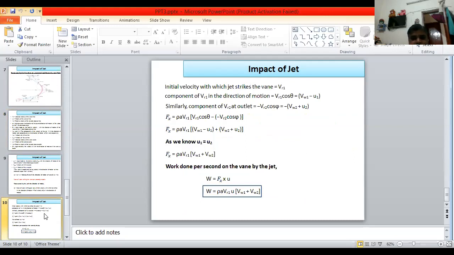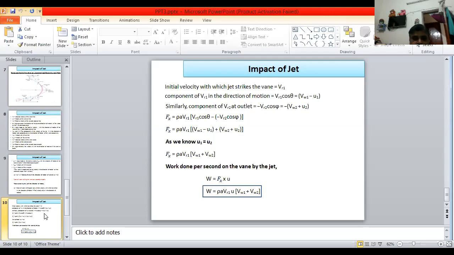Hence, Fx is equal to mass per second into (v1x minus v2x). That means Fx is equal to rho a Vr1 (Vr1 cos theta minus Vr2 cos phi). That is, Fx is equal to rho a Vr1 (Vw1 minus u1 plus Vw2 plus u2).